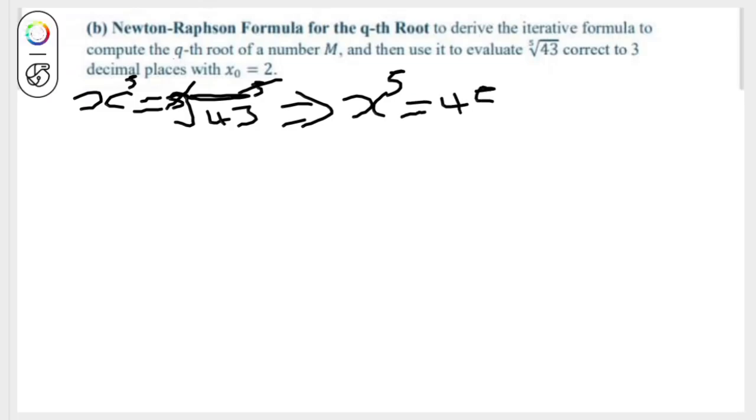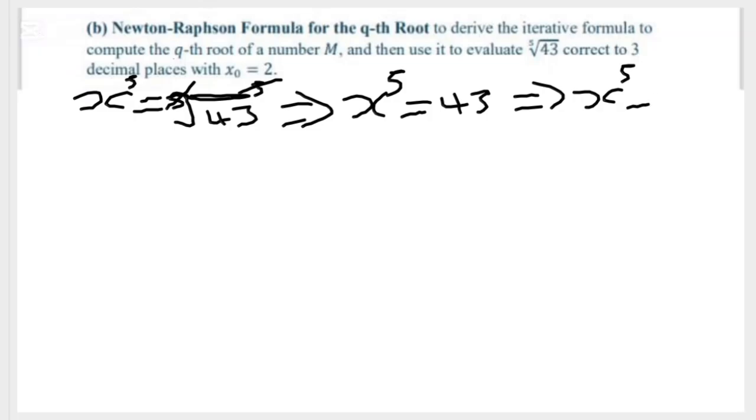43. This implies that x raised to the power of 5 minus 43 equals 0. When the positive 43 crosses the equal sign, it becomes negative, and therefore I equate it to 0.